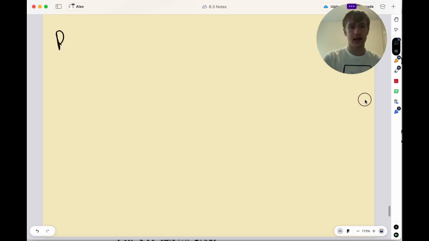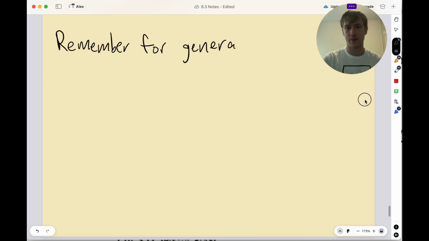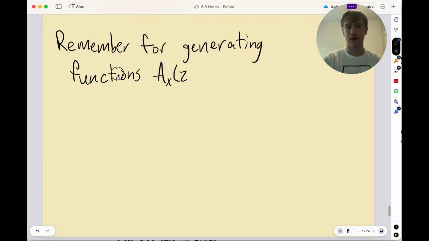Okay, so the first thing is to recall that for generating functions, we had a couple of properties. For generating functions, A_X(z), where z is complex, we had that the expected value of the random variable was just the first derivative of the generating function evaluated at 1.